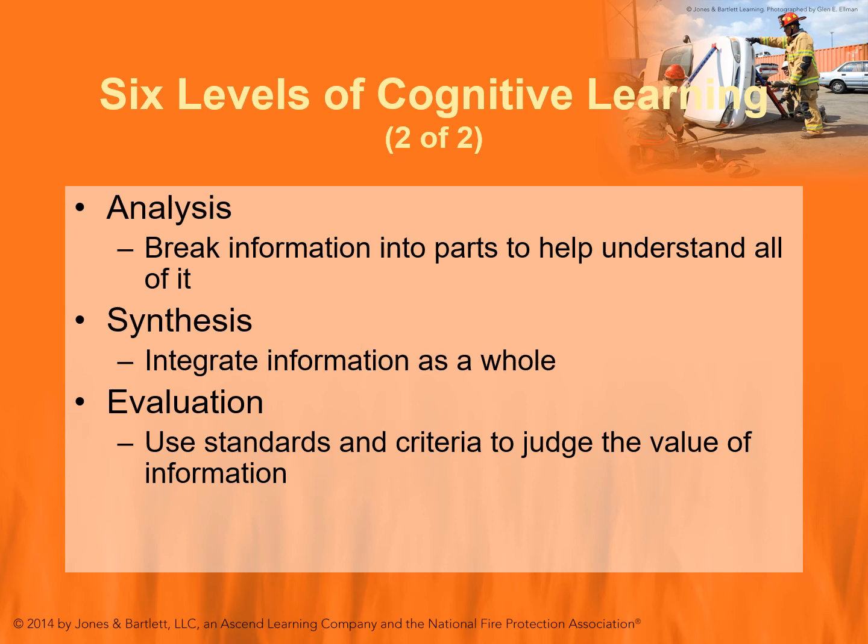Analysis is breaking information into parts. You break it down into parts to help understand all of it. Synthesis is integrating information as a whole. And then we evaluate. In our evaluation, we use the standards and the criteria to make a judgment of the value of that information.